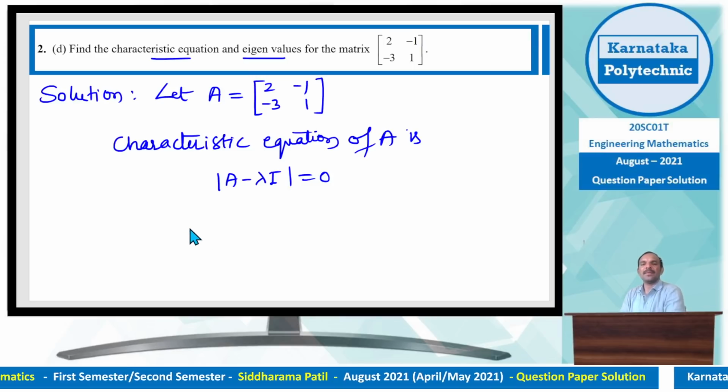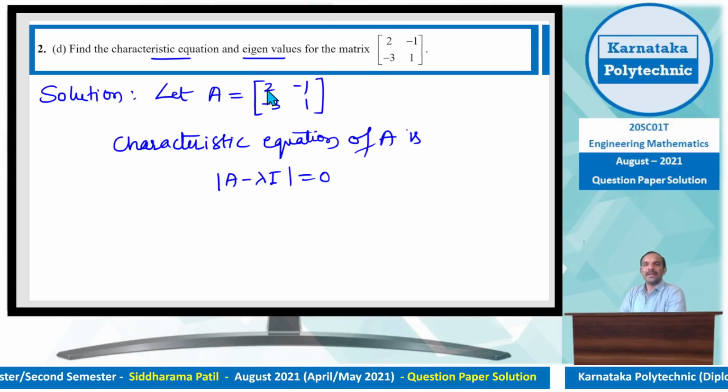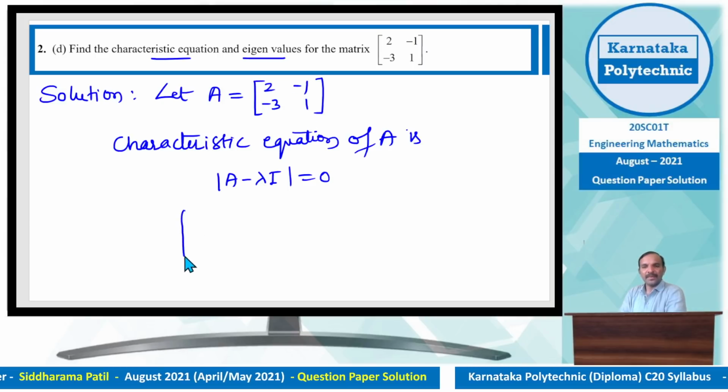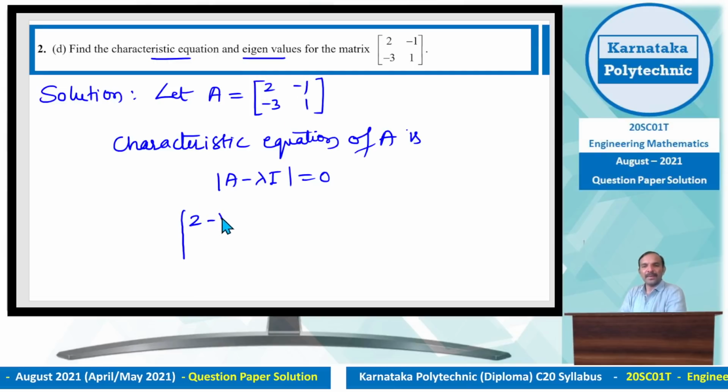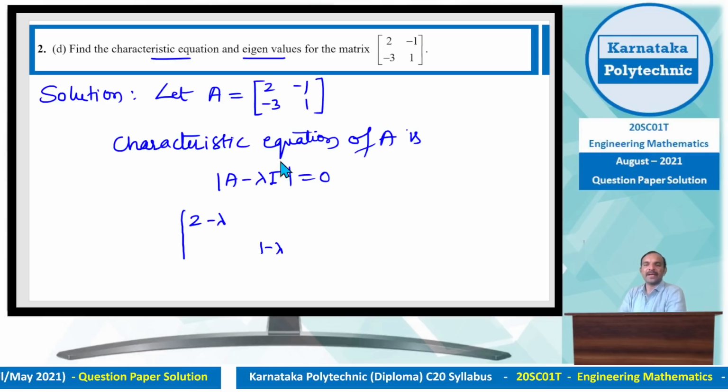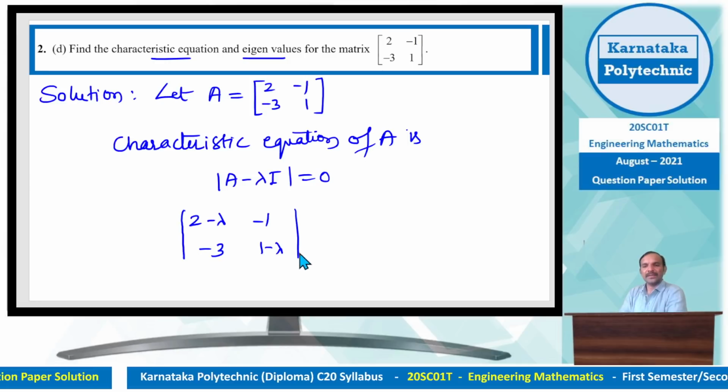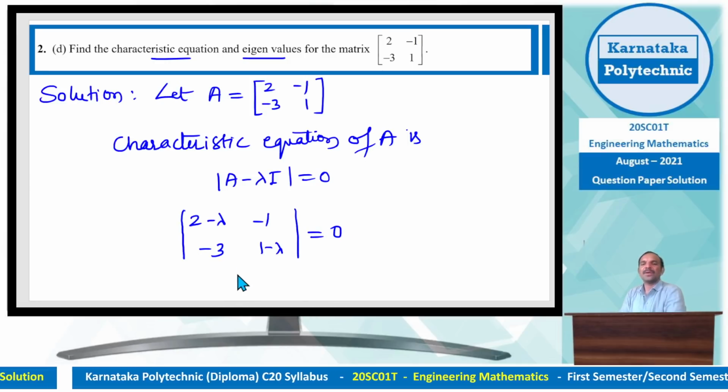Directly I am going to write the determinant: in the diagonal elements you have to write lambda, so 2 minus lambda, 1 minus lambda. It is a method to write directly. Here it is minus 1, minus 3, equal to 0.